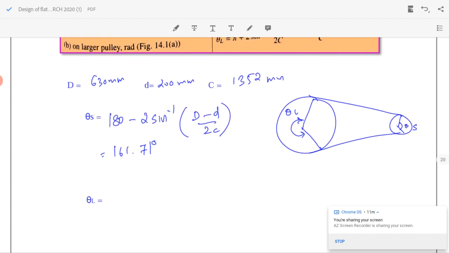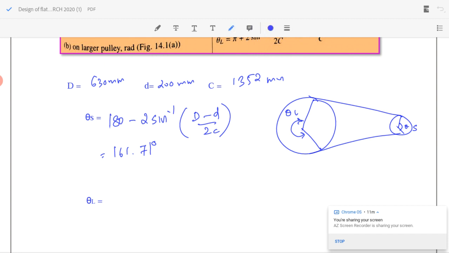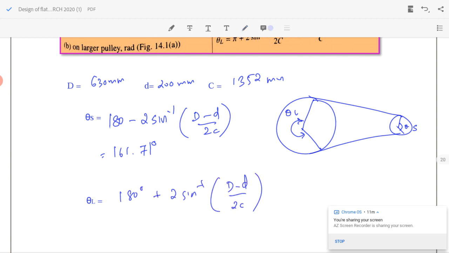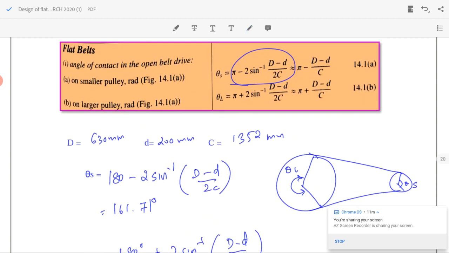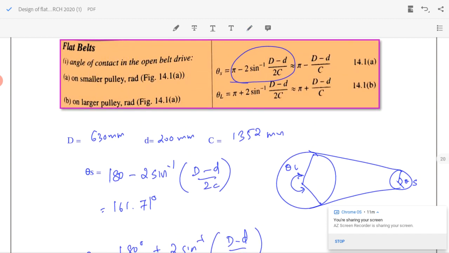For theta L equal to 180 degrees plus 2 sine inverse of (D minus small d) by 2C. Here note that pi is replaced by 180 degrees because the 2 sine inverse term will be obtained in degrees.